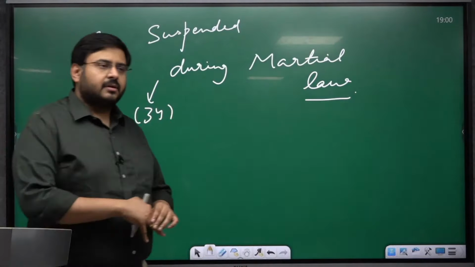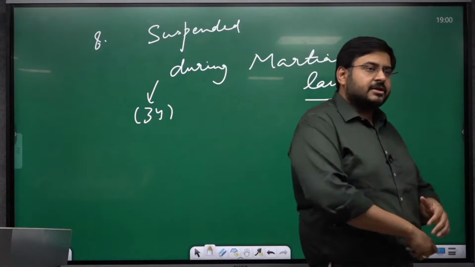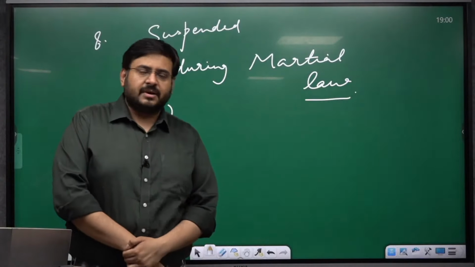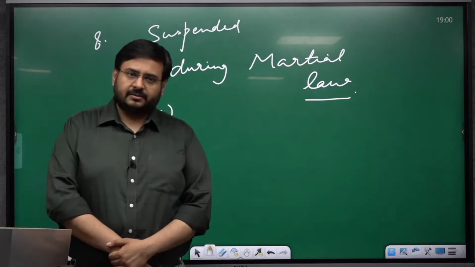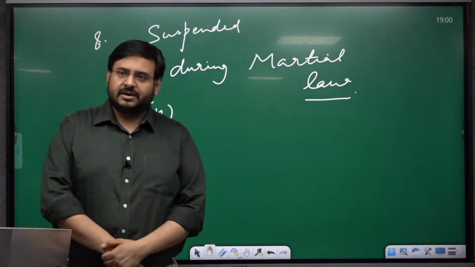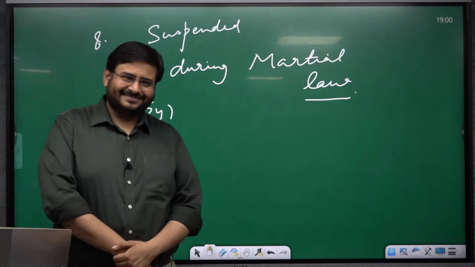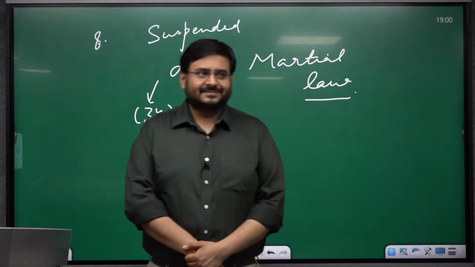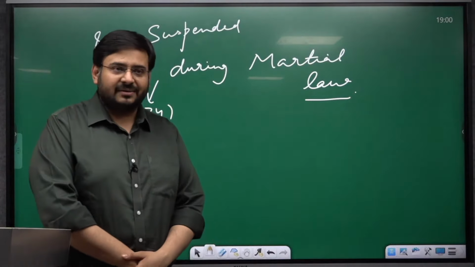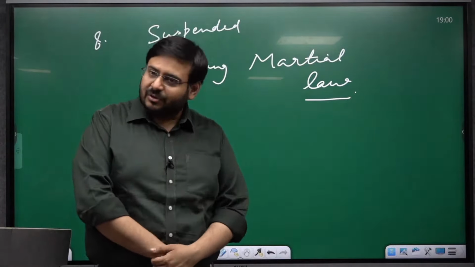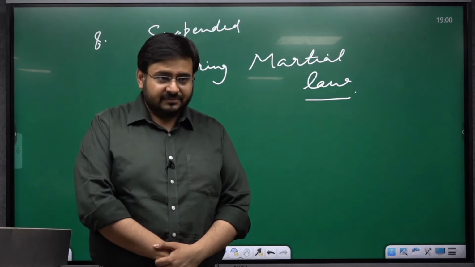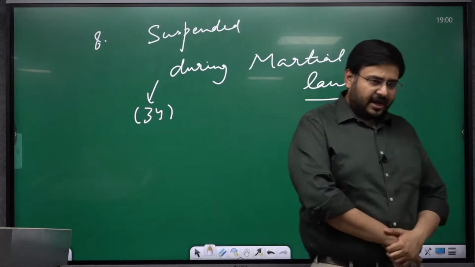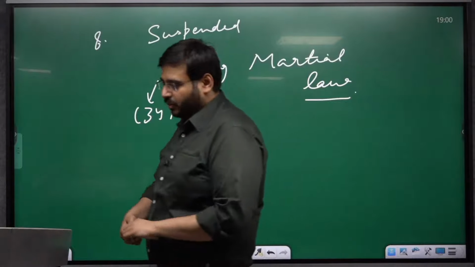Who can say that there is a martial law? Who can announce the martial law? President or Parliament? Tell me. Good question. Because Ukraine is under martial law right now, and our constitution also has martial law. Article 34. Very good. Now answer this question. That the constitution has defined martial law under Article 34, true or false?